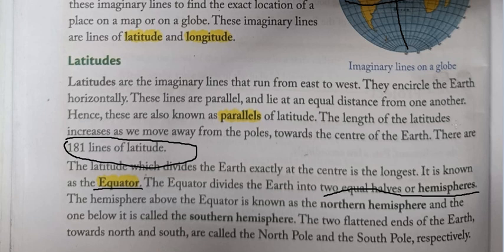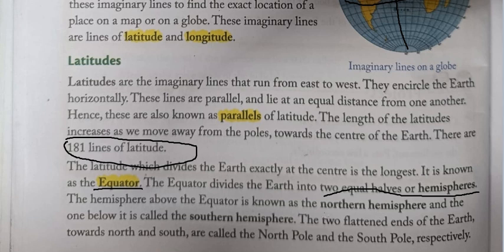If you have a ball and you cut the ball in two halves, the upper portion would be the northern hemisphere and the lower portion would be the southern hemisphere. The same is done by the equator.